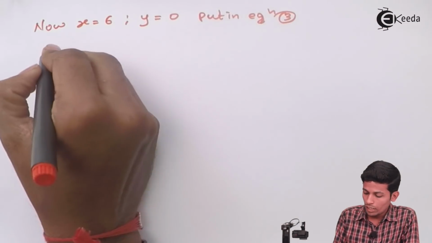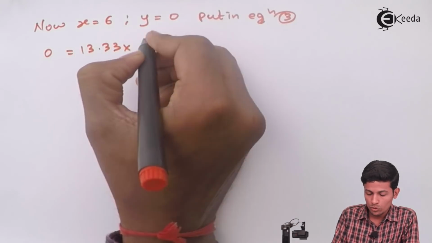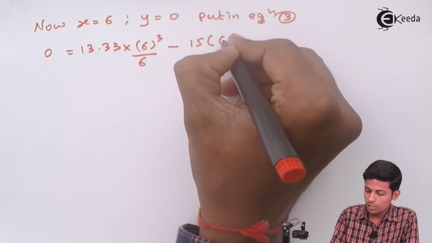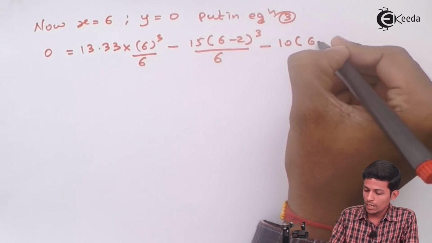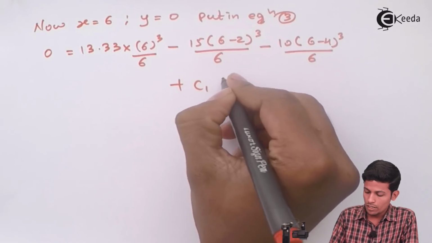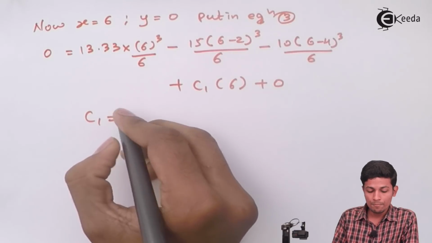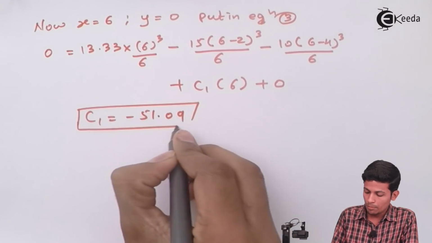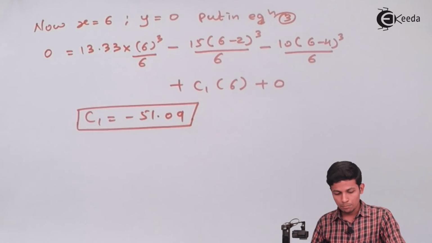So it will come as 0 is equal to 13.33 into 6 raised to 3 upon 6 minus 15 into (6 minus 2) raised to 3 upon 6 minus 10 into (6 minus 4) raised to 3 upon 6 plus C1 into 6 plus 0. While solving this, you get the value of C1 as minus 51.09.